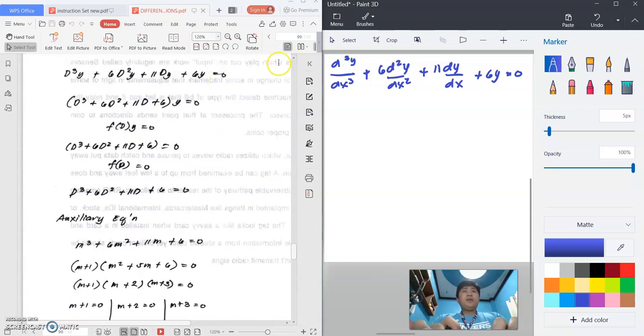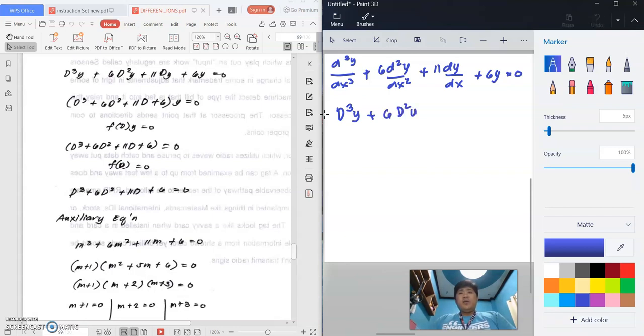Okay. So from here, as I told you, since this is the third derivative, you have d cube y plus 6d squared y, since d squared y over dx squared is equal to this one. This cube is equal to this one. Plus 11 dy plus 6y equals 0.